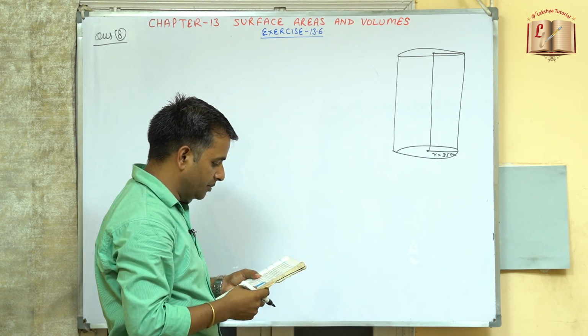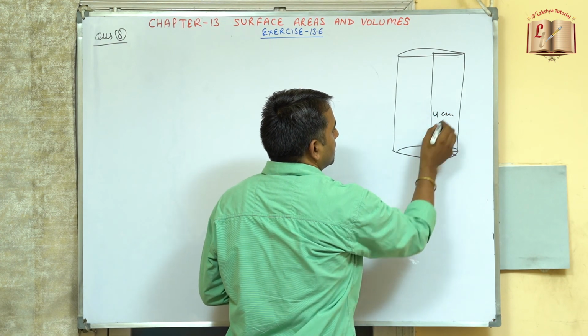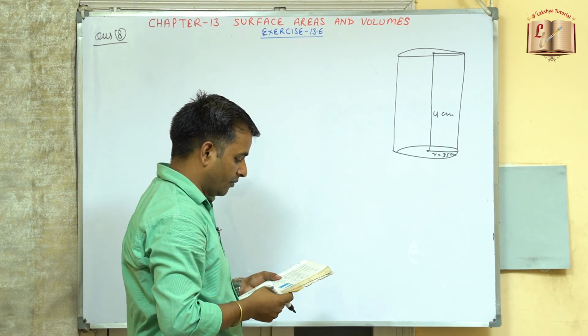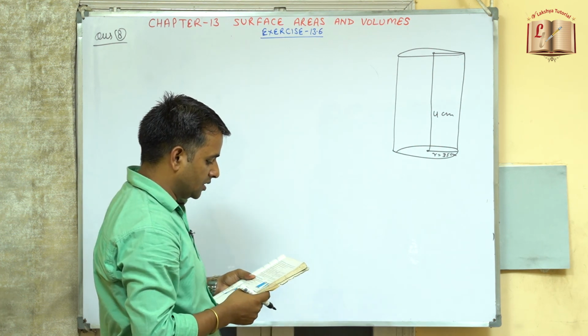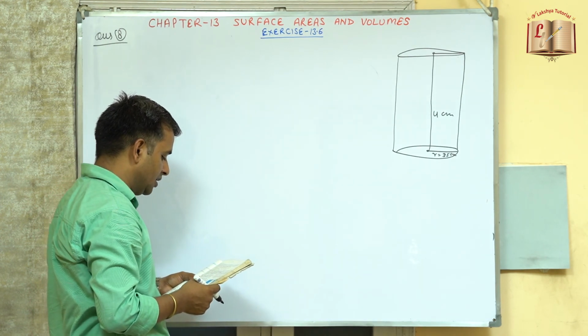If the bowl is filled with soup to a height of 4 centimeter, how much soup does the hospital have to prepare daily to serve 250 patients.